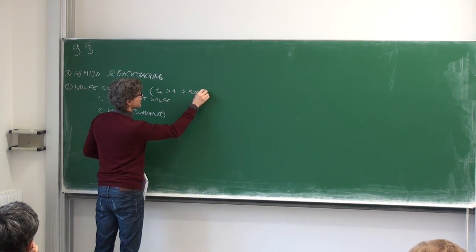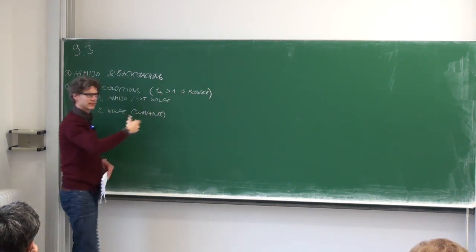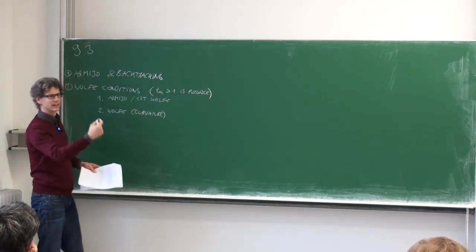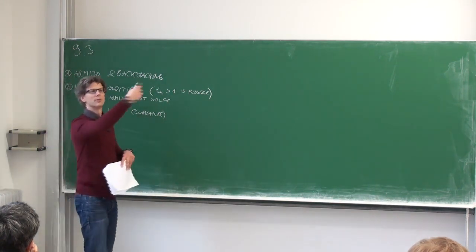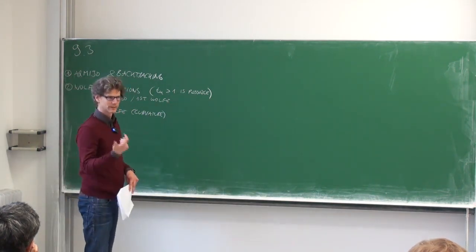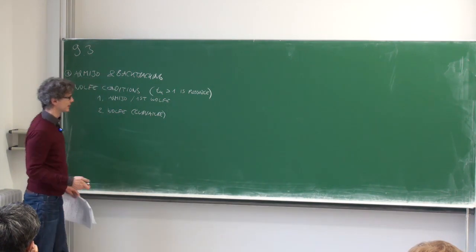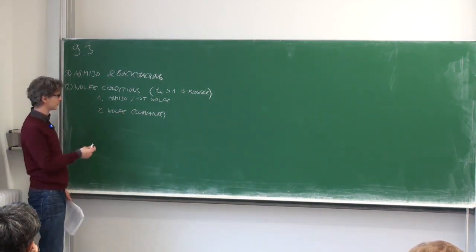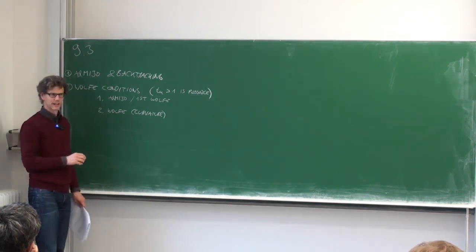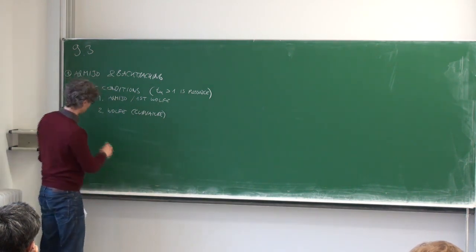There might be situations where you don't find a Wolfe point in the interval between 0 and 1, but you need to go further. The reason for this was technical, and we didn't want to go too deeply into these Wolfe conditions, but they can be useful and interesting.